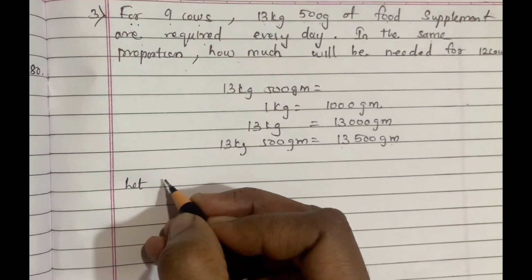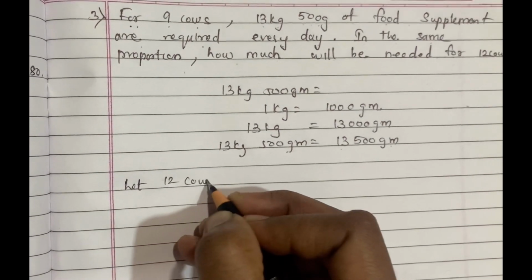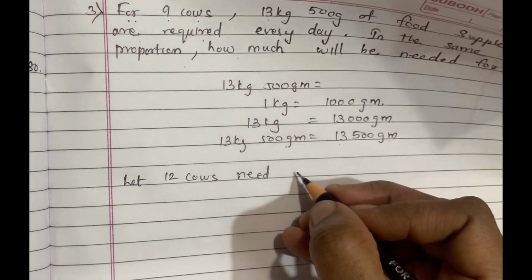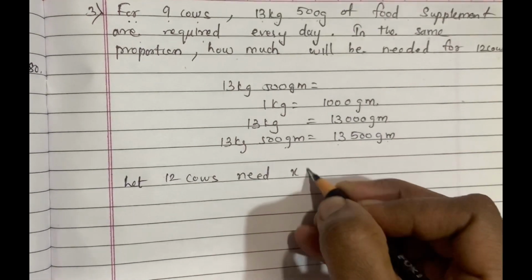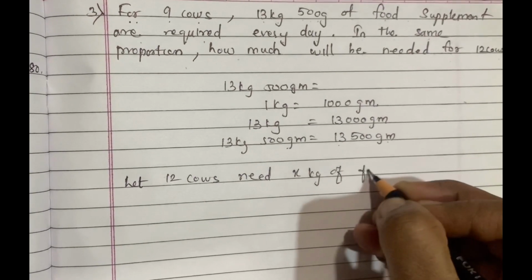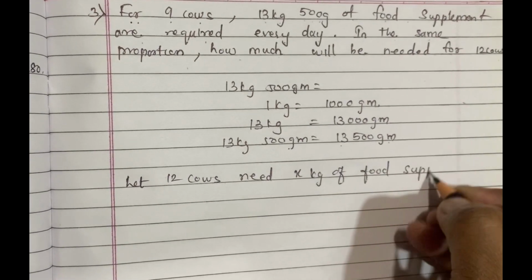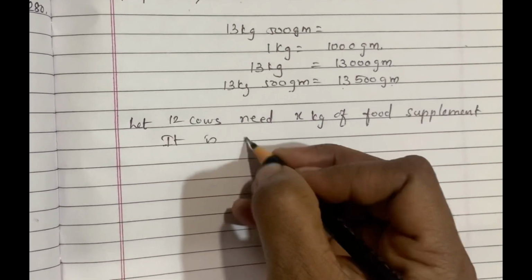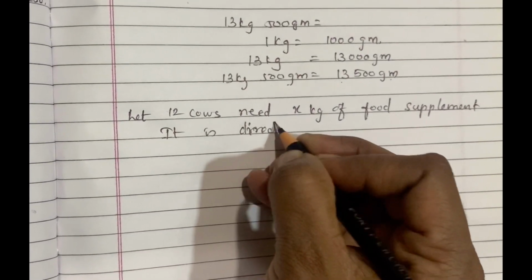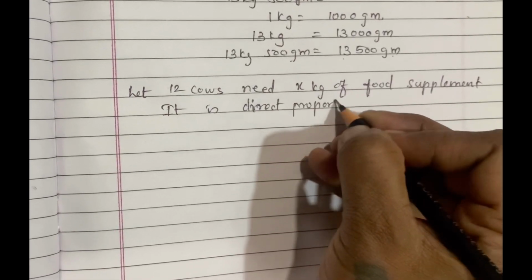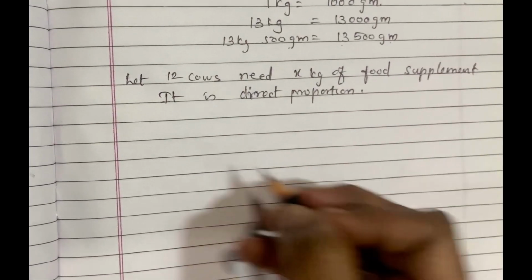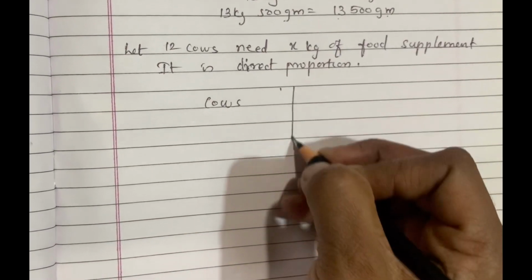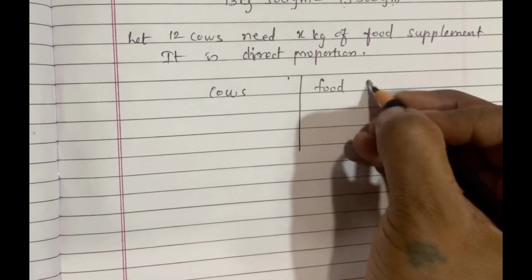Now let 12 cows need X kg of food supplement. Now this is also a direct proportion. Now we'll make two columns, that is cows and food supplement.